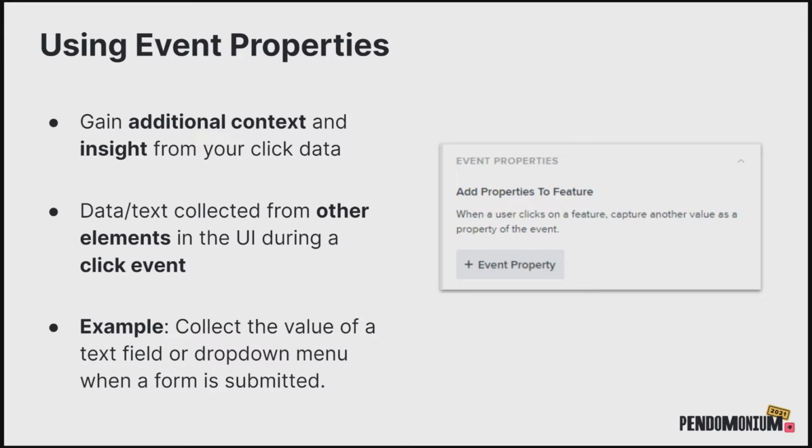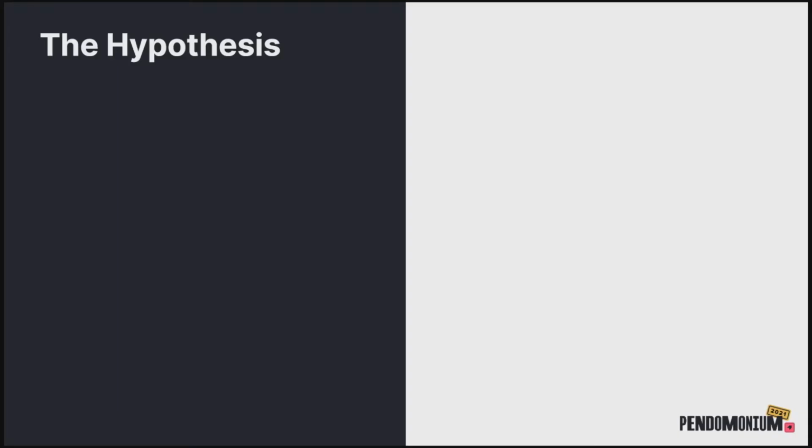I'll go into where specifically you do that later in this presentation. But it allows you to go to the next level on getting context for your click data and not just click data.